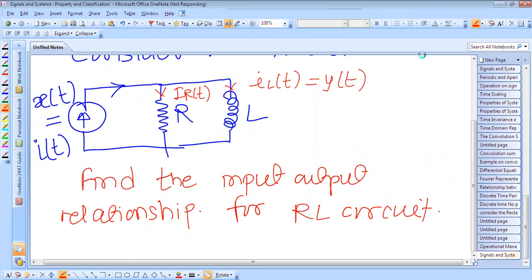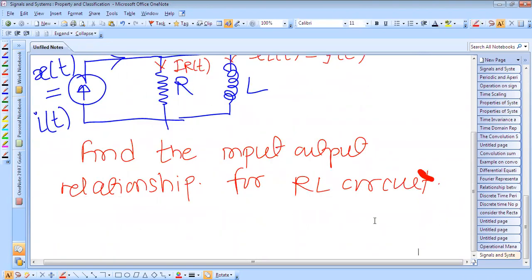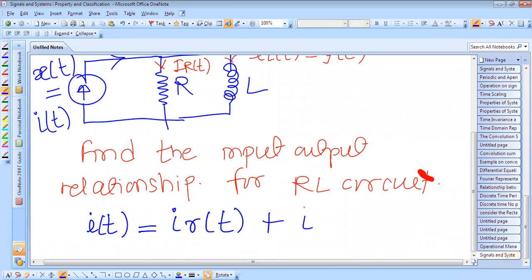So the input to this circuit is current i of t. The current i of t is equal to the total current, which is the current flowing through the resistance R plus the current flowing through the inductance iL.